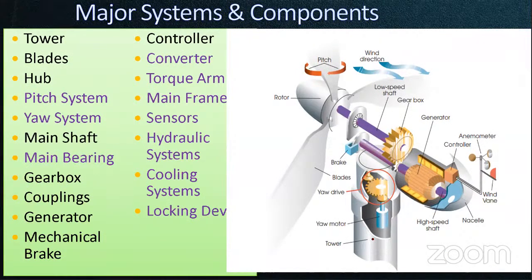So we have seen the tower, the blades, one, two, three blades, and the hub, right? And the pitching system, which is inside the blades.